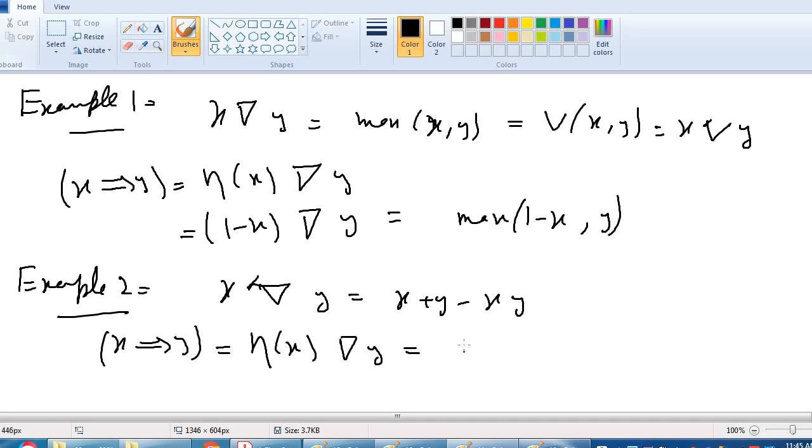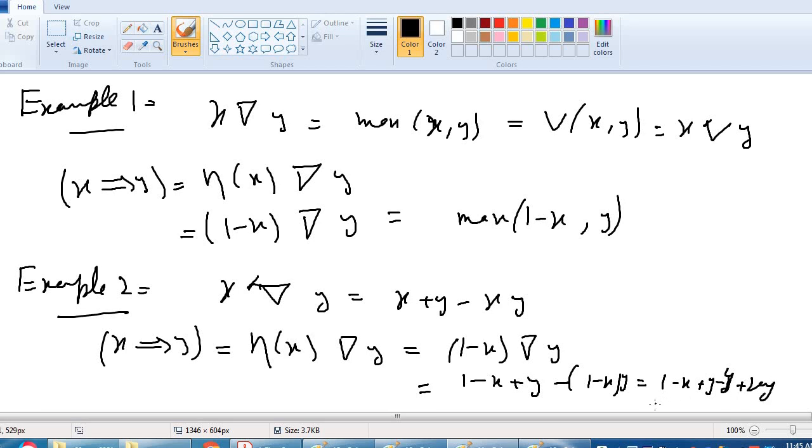This will be equal to 1 minus x nabla y, and now we apply this formula for this T-conorm. We will get 1 minus x plus y minus xy, that is 1 minus x plus y minus 1, minus y plus xy. Now y is cancelled with each other. We will get 1 minus x plus xy. So this is the formula for the nabla implication.